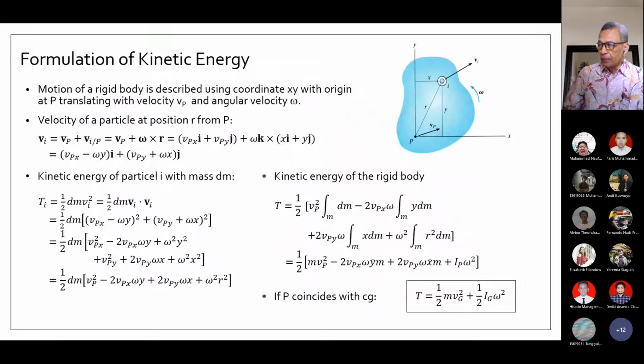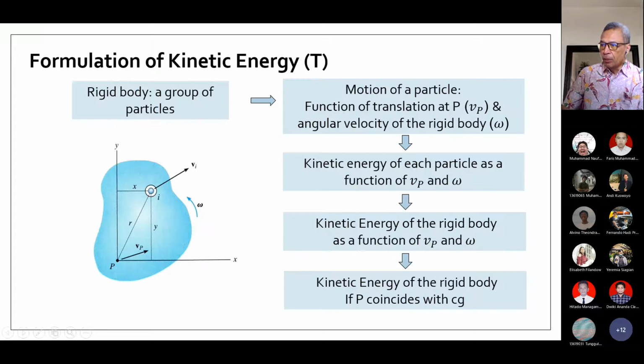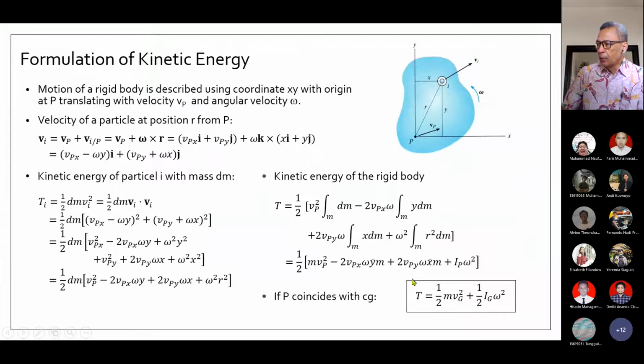So in principle, if we define the motion of this rigid body as the motion of point P, any arbitrary point, and the rotation of that rigid body, we can define the velocity of any particle on that rigid body using those two parameters. And by summing up the kinetic energy of each particle, we will obtain this equation.